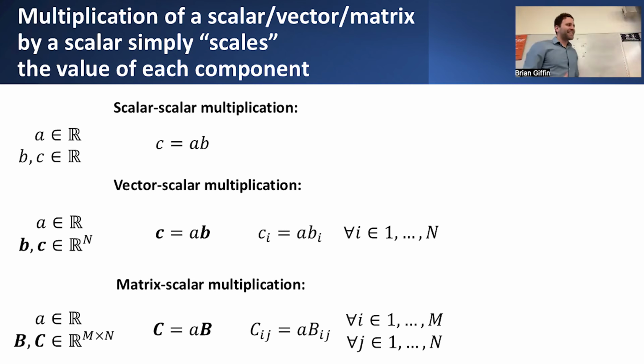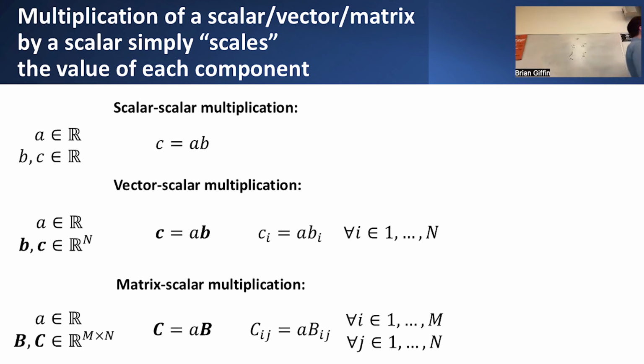The name scalar implies that all we're doing is taking that quantity, let's say a vector, and scaling it. We're taking all the components of this vector, let's say B, and multiplying them by this scalar quantity A.